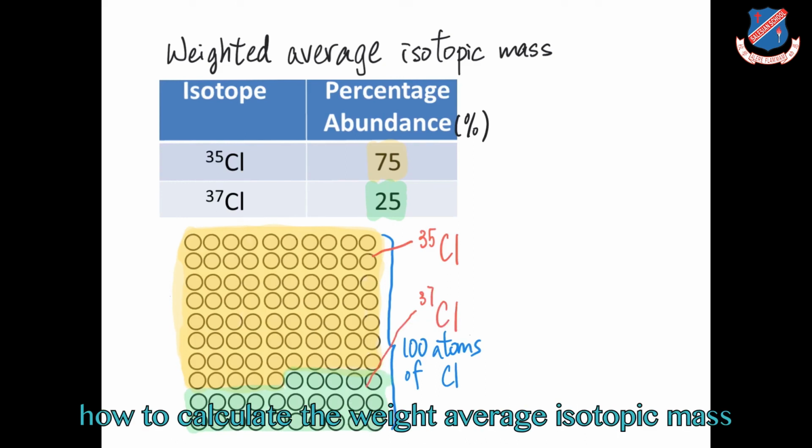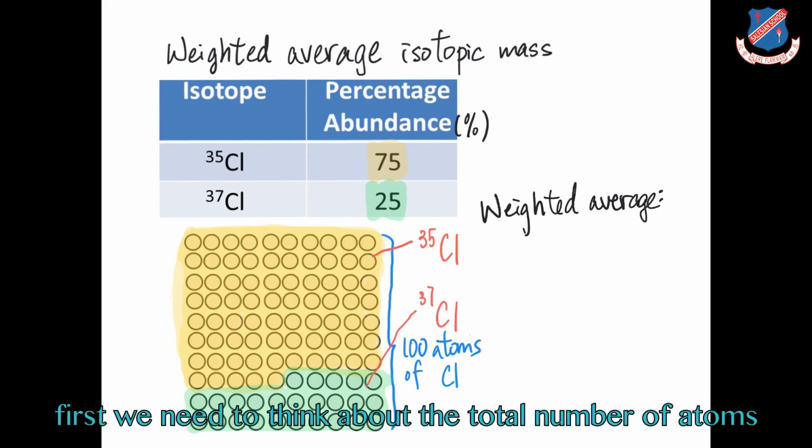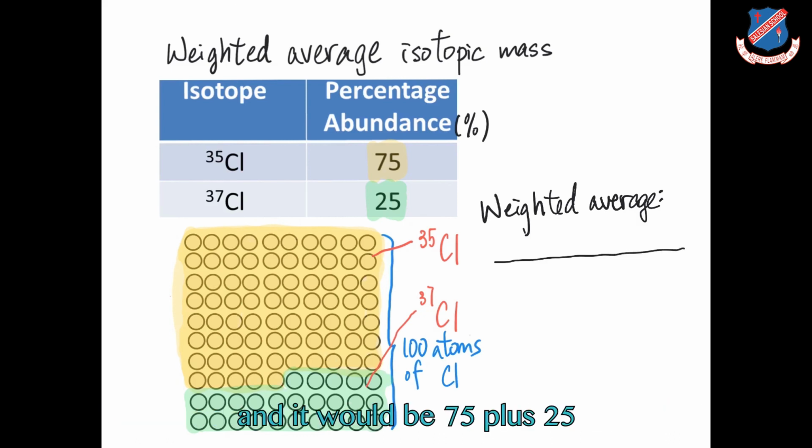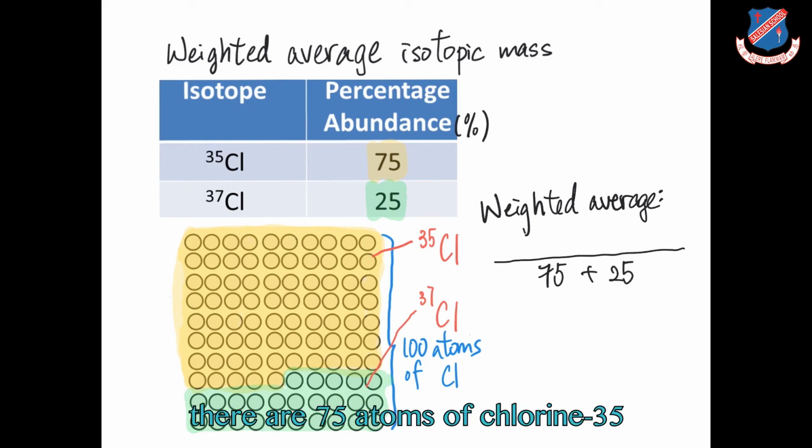How to calculate the weight average isotopic mass of chlorine? First, you need to think about the total number of atoms, and it would be 75 plus 25. Secondly, you need to know the total mass. There are 75 atoms of chlorine-35 and 25 atoms of chlorine-37.